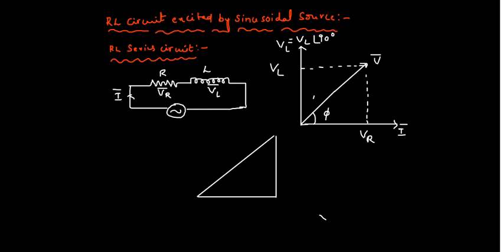Now this I'll take as R, this is X, and this is my Z, the resultant. This is the angle between R and X. So this is the impedance. Now let I be the reference.